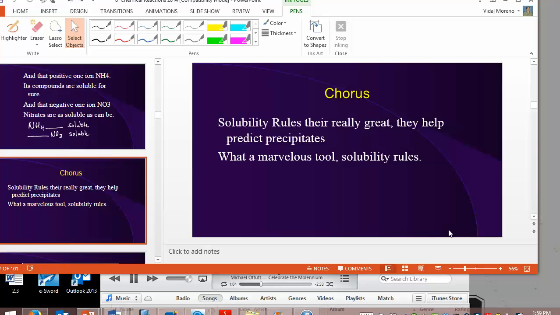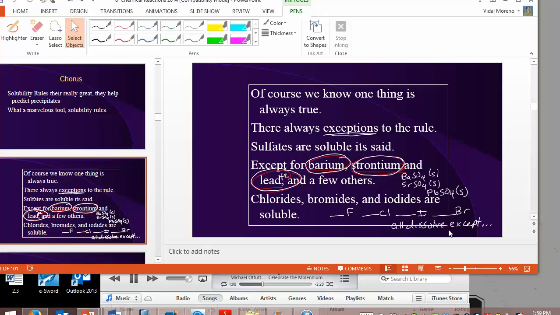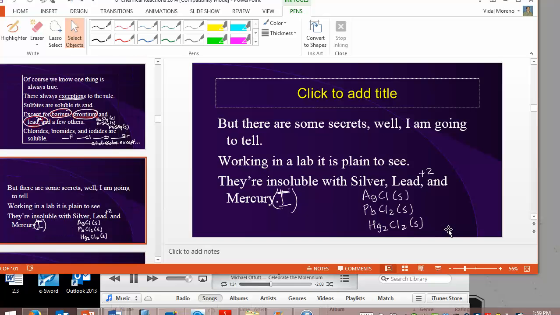What a marvelous tool. Of course we know one thing is always true. There are always exceptions to the rules. Sulfates are soluble, it's said, except with barium, strontium, and lead, and a few others. Chlorides, bromides, and iodides are soluble.